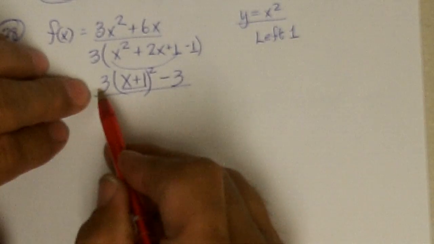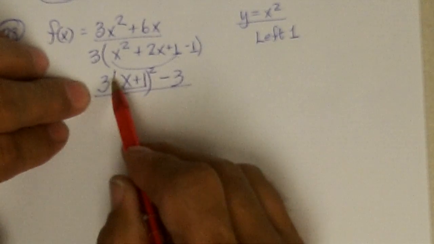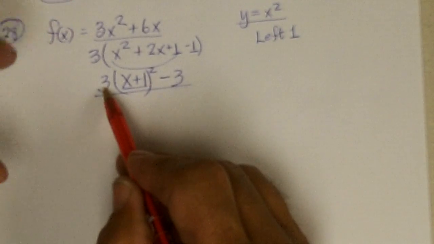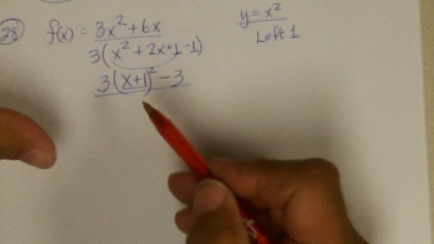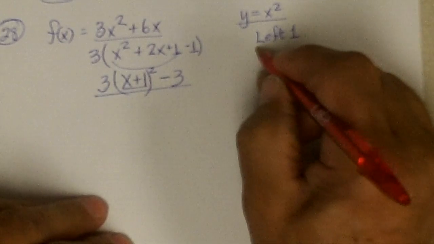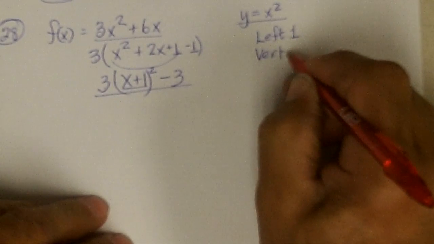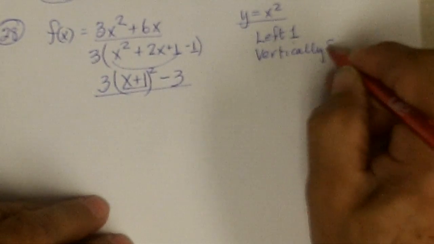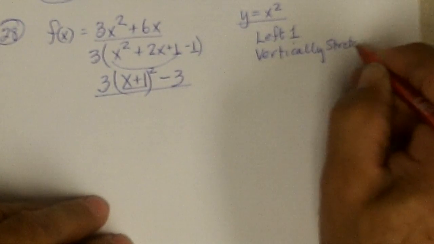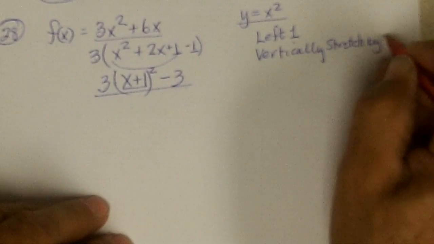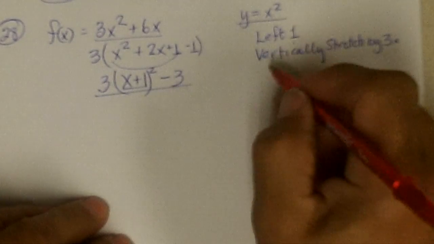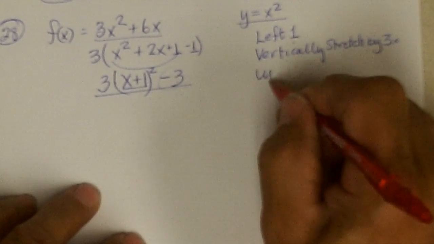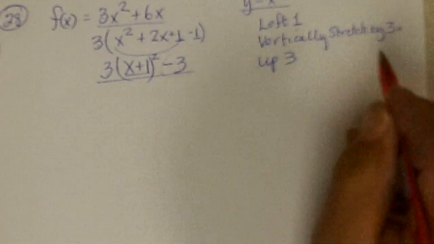And then the outside, we have to do them in order of operations. 3 times is a multiply, and this does what it says, so it's vertically stretched by 3 times. And then the plus 3 says move up 3.